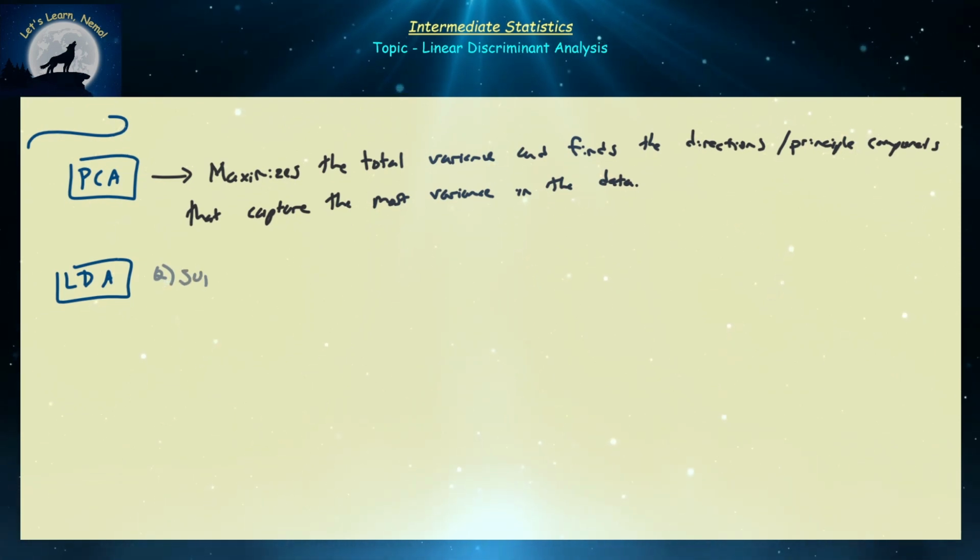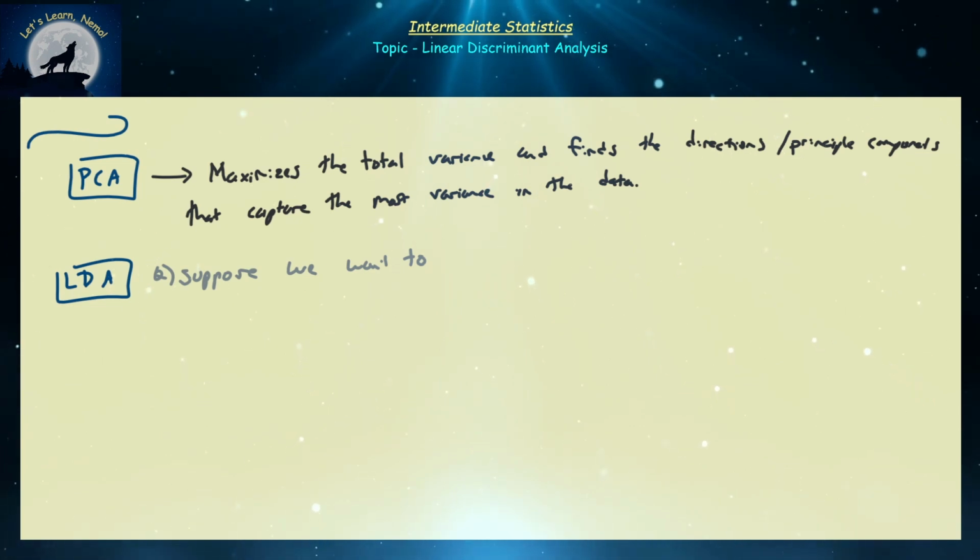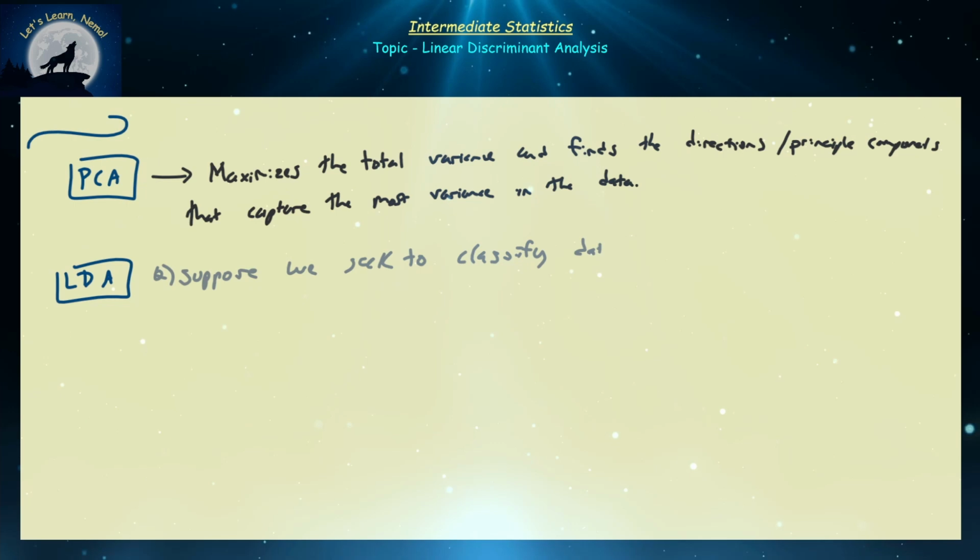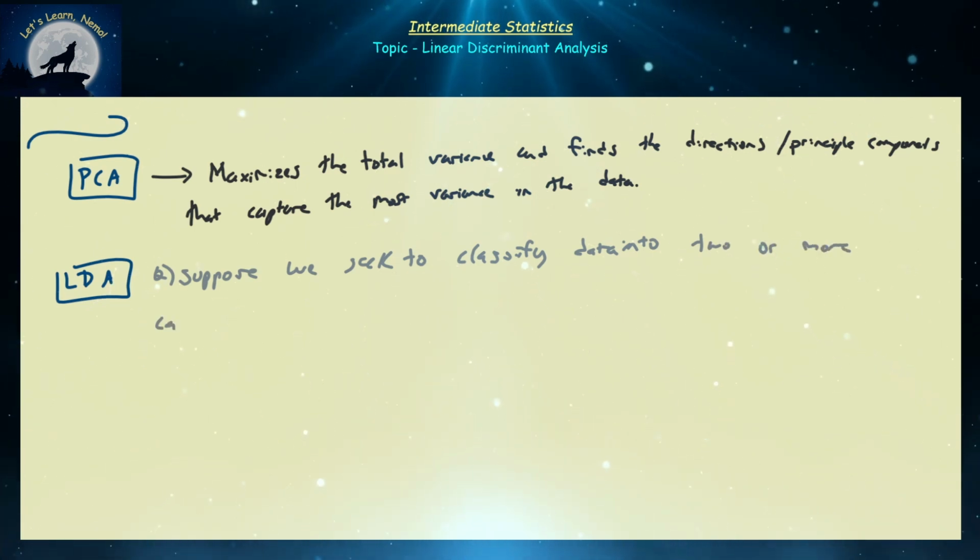Now, linear discriminant analysis is going to be guided by the following goal. Suppose we seek to classify data into two or more categories, for example, like in logistic regression.